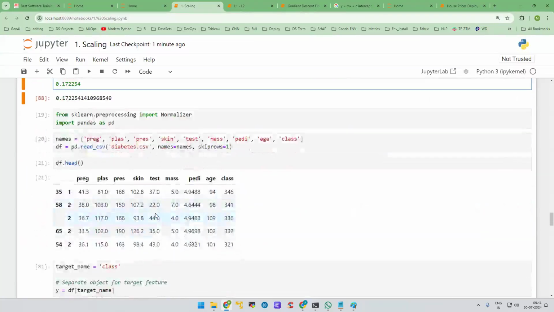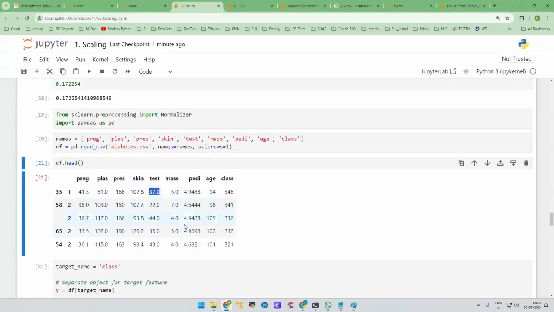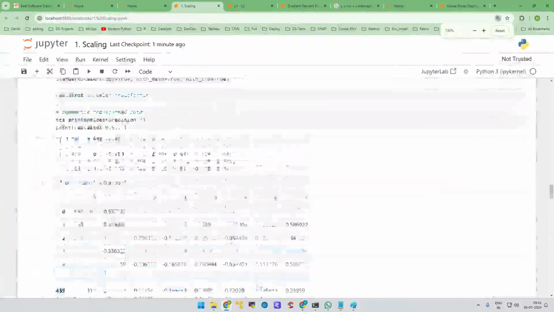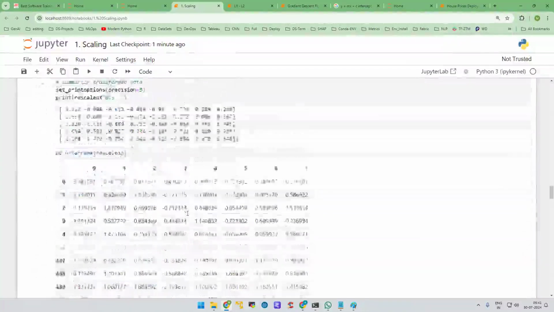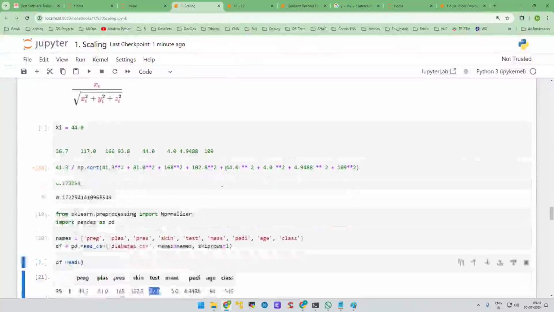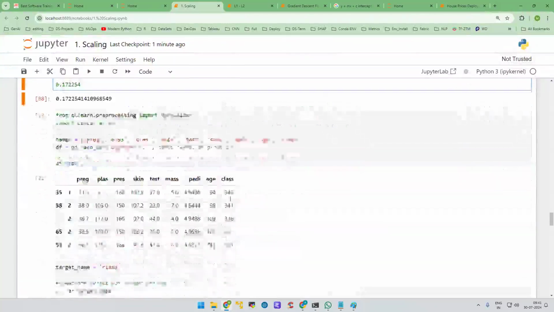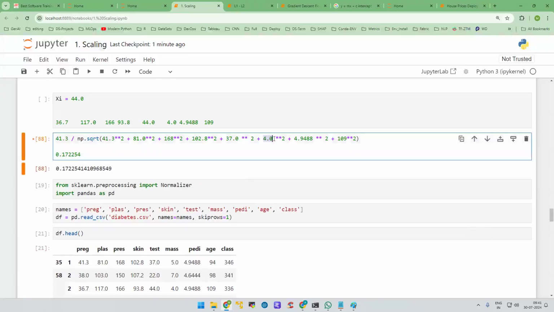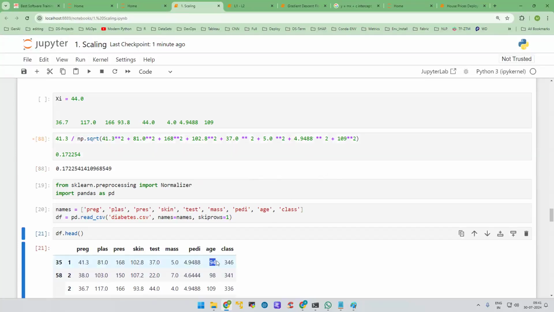Let me know if I'm going wrong. 36.0, right? That is that. Yeah. Is this the one? Yeah, 37.0. 5.0, 5.0, 4.9488. I think they already have 4.9488 and 94.